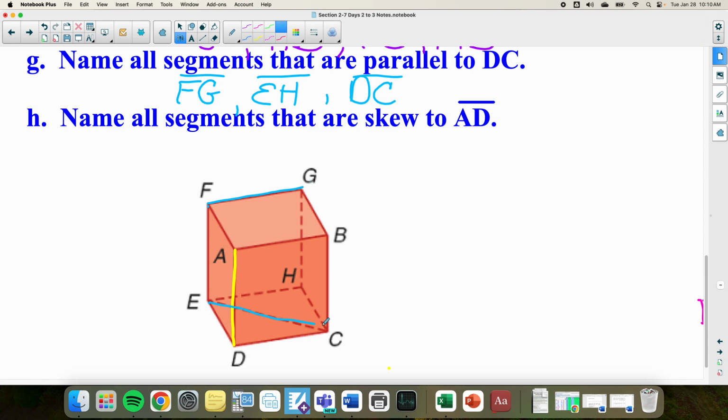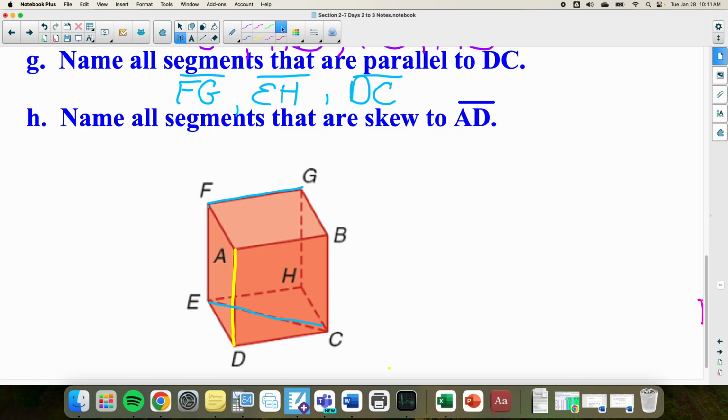Now, doesn't AD and EC look like they intersect? But do you guys get that, I mean, this isn't like a square, but AD would be here, and EC would go from this corner diagonally here. So this one's in this plane going diagonally. This one is right here going straight up and down. They would never touch, okay? So even though they look like it 2-dimensionally, you have to think of that more 3-dimensionally, and they don't.